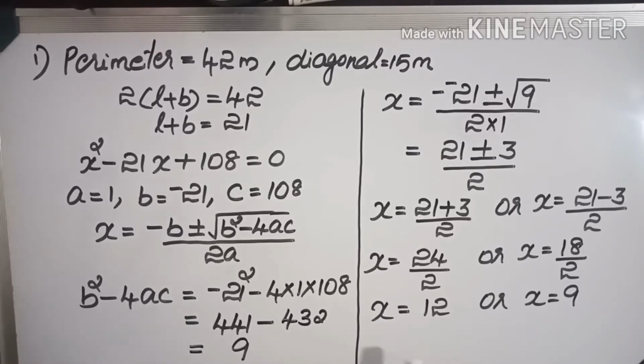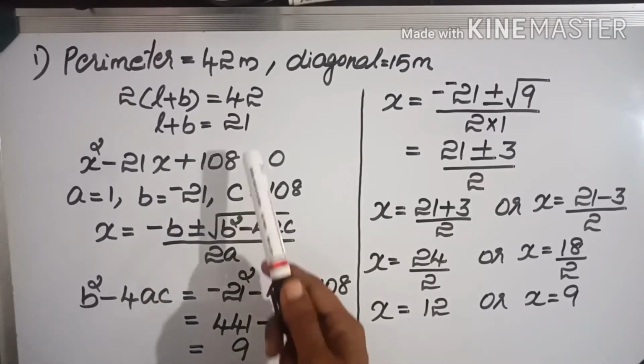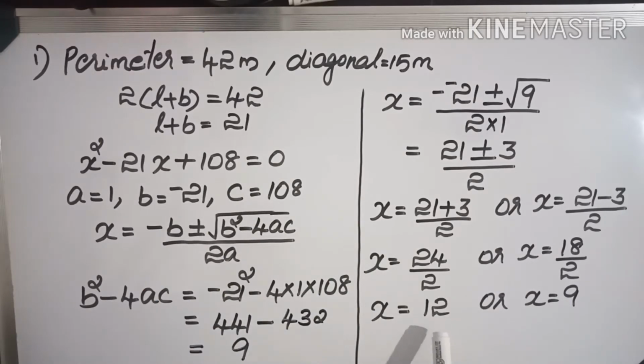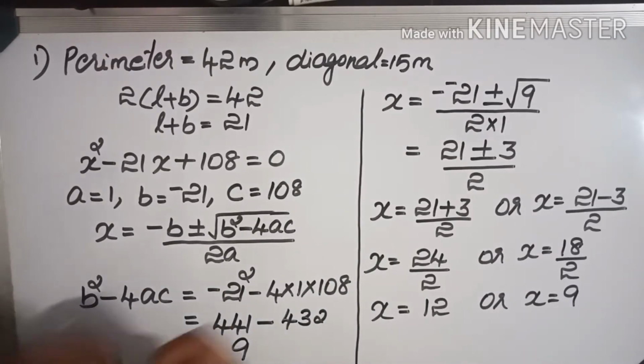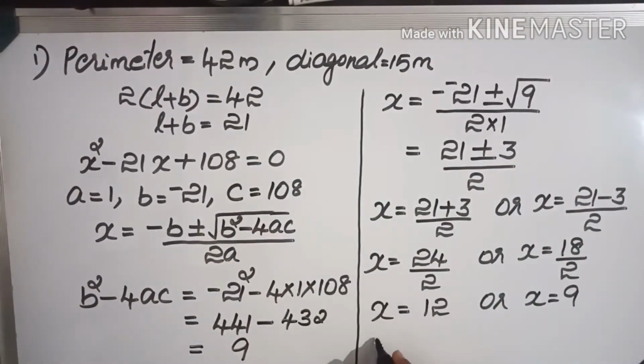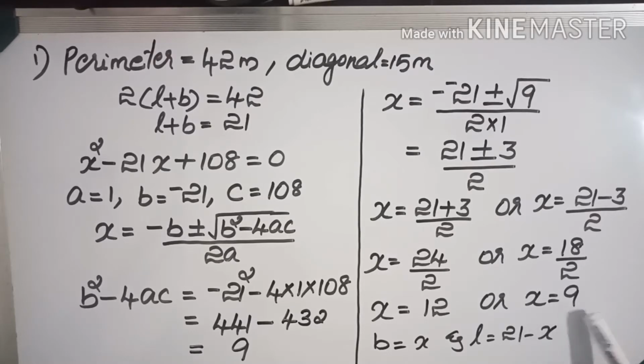Now let's check if x is equal to 12. If x is equal to 12, what will be the breadth? We considered breadth equal to x and length equal to 21 minus x. So if breadth is 12, length will be 21 minus 12, which is 9.